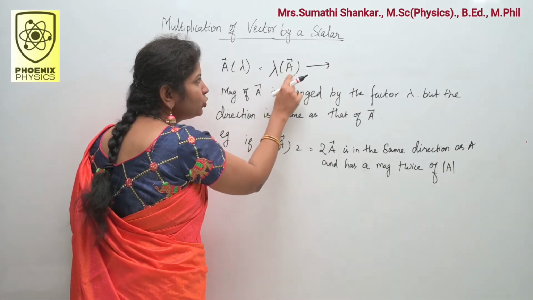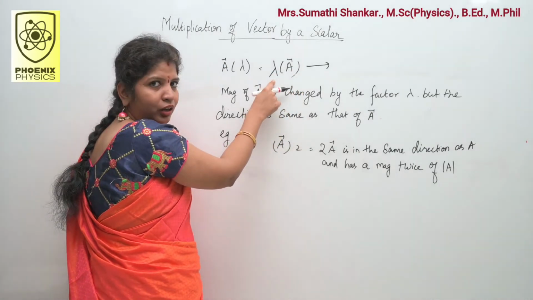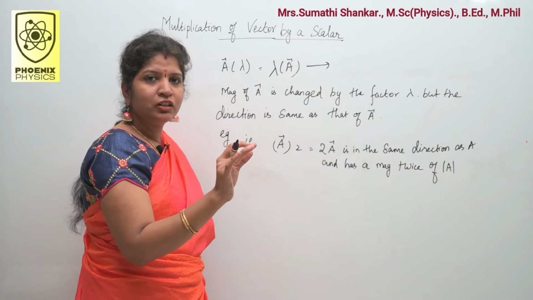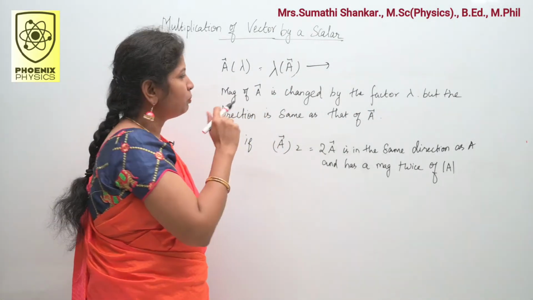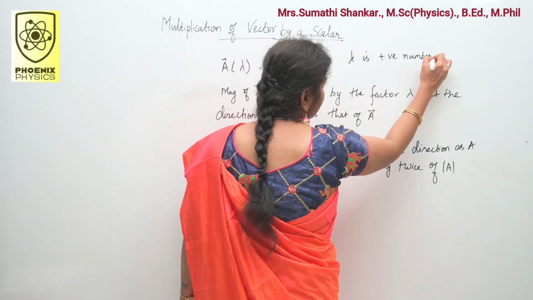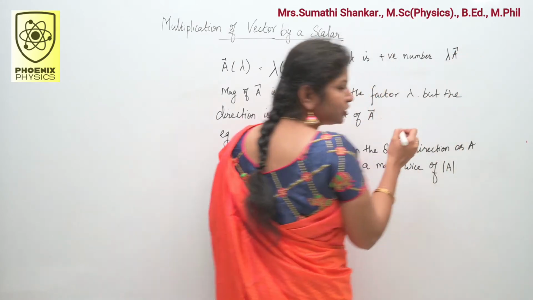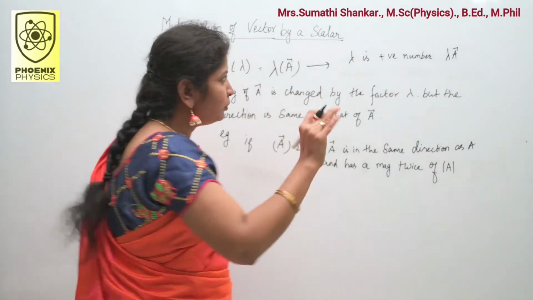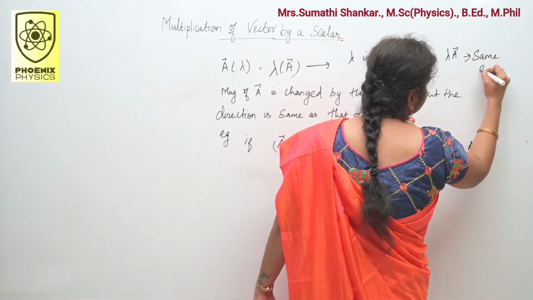The magnitude of A vector is changed by the factor lambda, but the direction is same as that of A vector. Suppose lambda is a positive number. The product lambda times A vector is in the same direction of A vector.